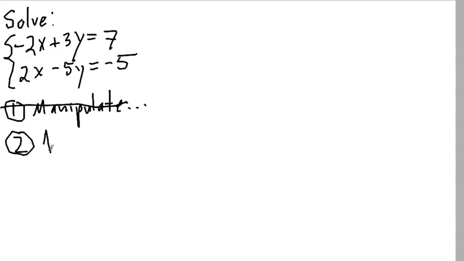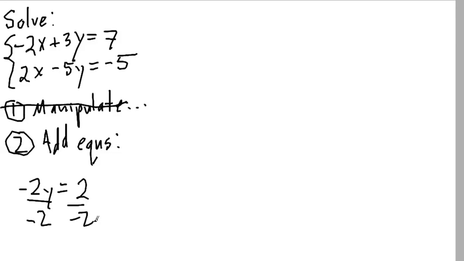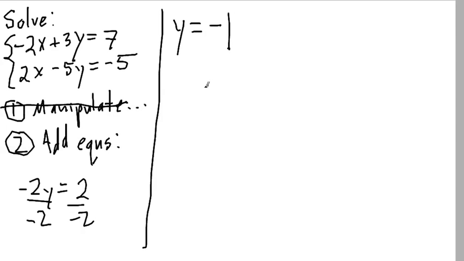So when I add the equations, negative 2x plus 2x disappears, 3y minus 5y leaves me with negative 2y, and 7 minus 5 leaves me with 2. Now I can solve for y, divide both sides by negative 2, and what I end up with is y is equal to 2 divided by 2 is 1, positive divided by negative is negative, so I get y is equal to negative 1. Great, I've solved for y.